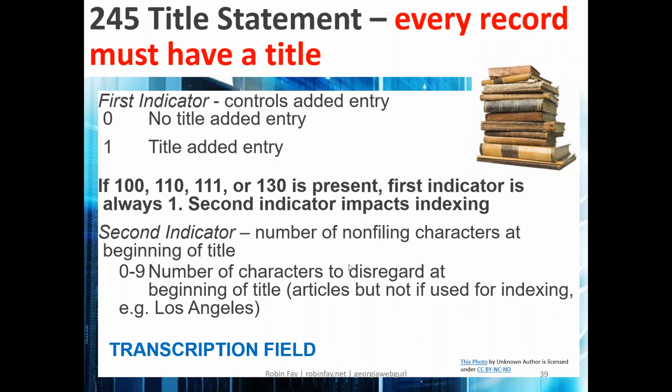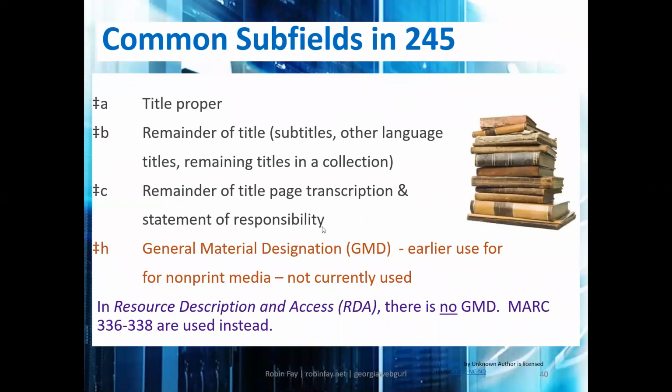And then your second indicator impacts indexing. Now this is only about browsing by title in terms of impacting indexing. We'll look at some examples in just a second, but this is a transcription field. So this is record it as you see it on your piece under RDA. This is a big change from RDA in our previous cataloging rules.